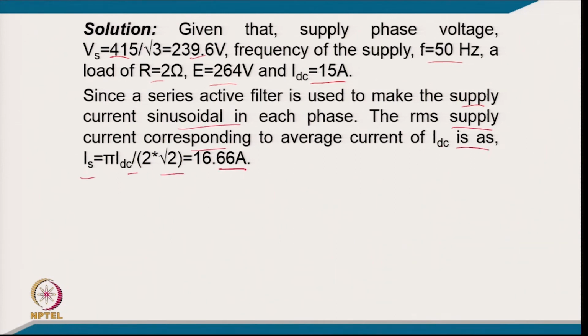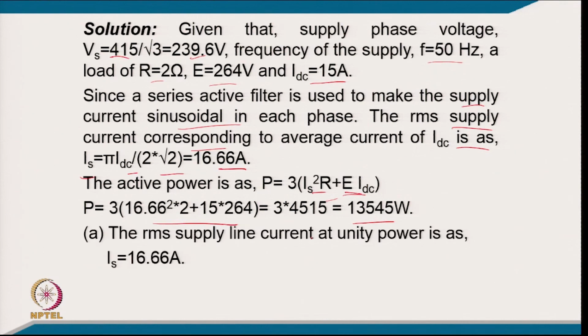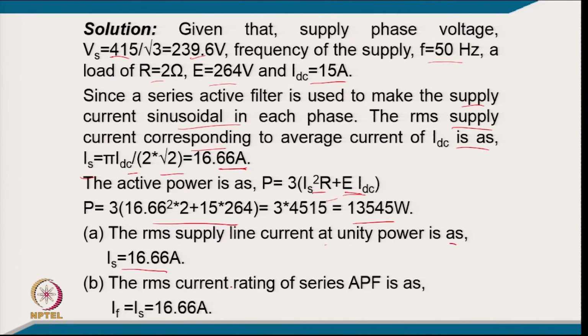So it becomes 16.667 ampere, and the active power will be typically 3 ISC square times the loss in resistance plus the battery charging power. Putting in the values, it comes to 13,545 watt, and the RMS supply current at unity power factor is what we calculated here, 16.66 ampere, and the RMS current rating of the series active power filter will also be 16.66 ampere.